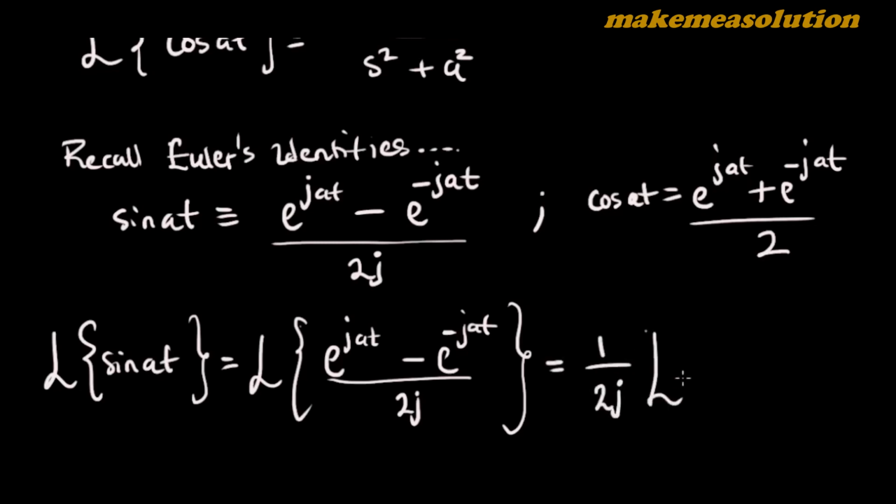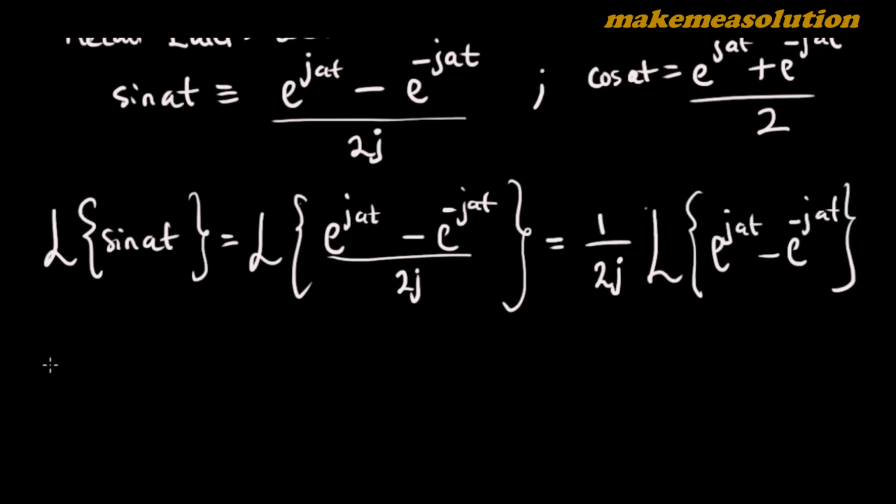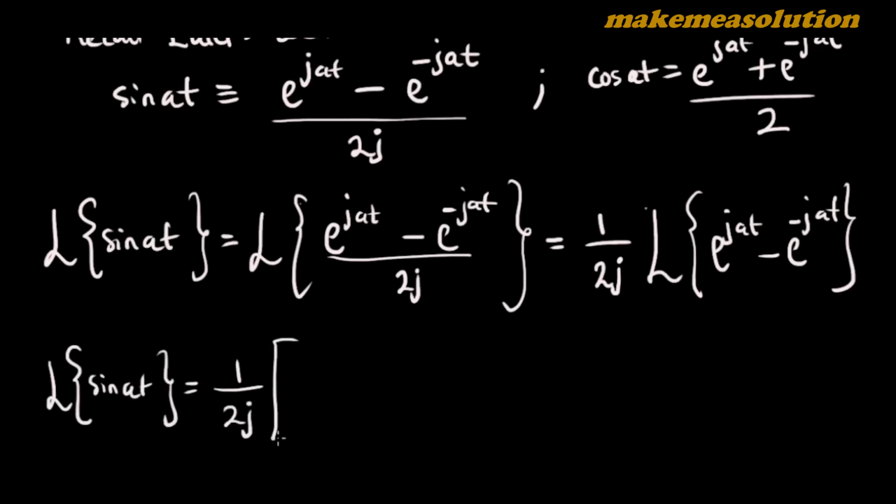So we have 1 over 2j times the Laplace transform of exponential j at minus exponential minus j at. Is that okay? So the Laplace transform of sine at is equal to 1 over 2j, and then we take the Laplace transform of exponential j at and exponential minus j at.